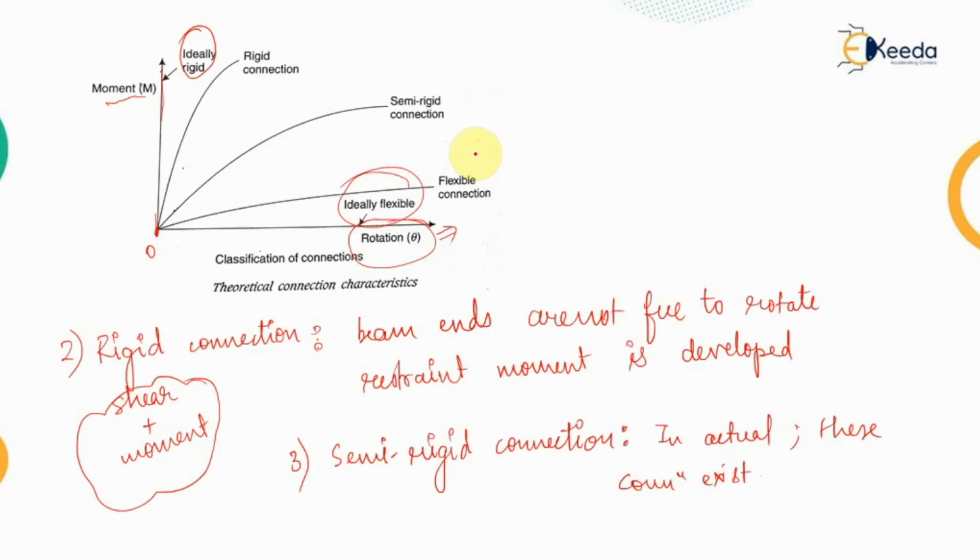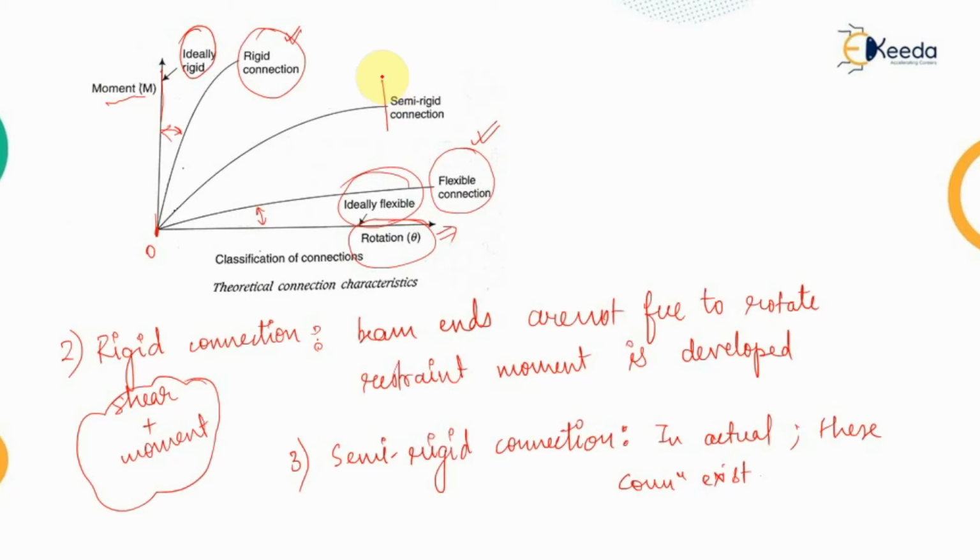Although the actual connections that we are providing, that is the connections that we are designing, the flexible and the rigid connections, have some deviation from the ideal curves. So these are the deviations which are observed here. That means in actual the connections that we are providing do not behave in the ideal manner, and they somehow deviate from the ideal condition.